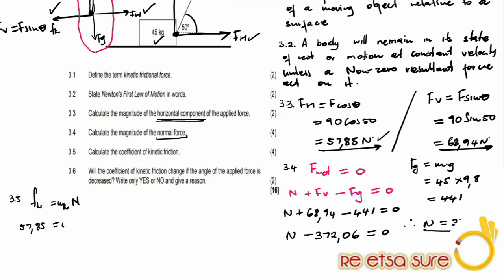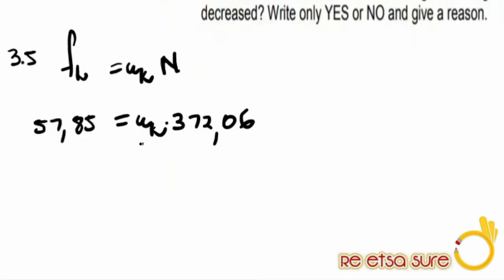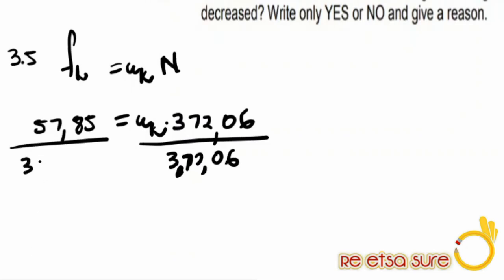57,85 is equal to the coefficient of kinetic friction multiplied by the normal force acting on the object, the one that we got here of 372,06. So from here we must just divide both sides by 372,06.